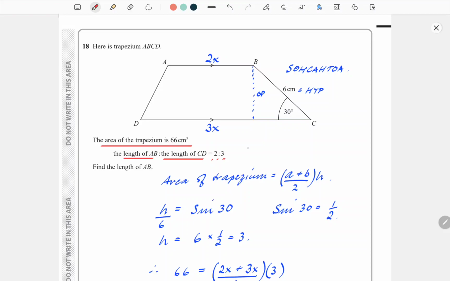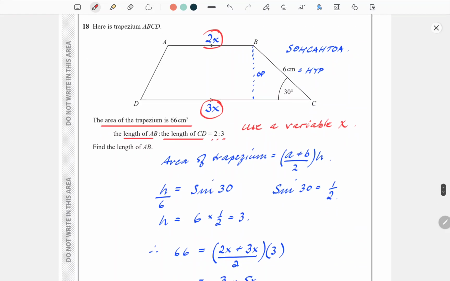Remember what I said before: use a variable. So if it's 2 to 3, I've made AB 2x, and 3x for CD. The length doesn't really bear any direction. And they want the length of AB.